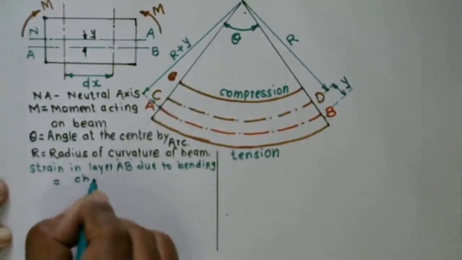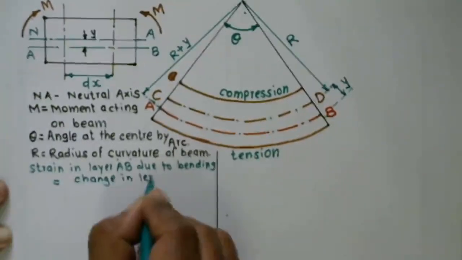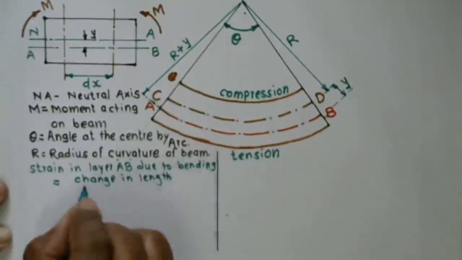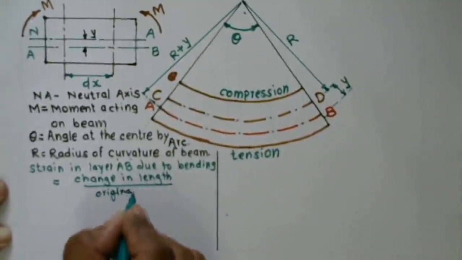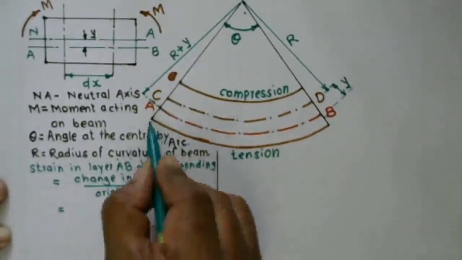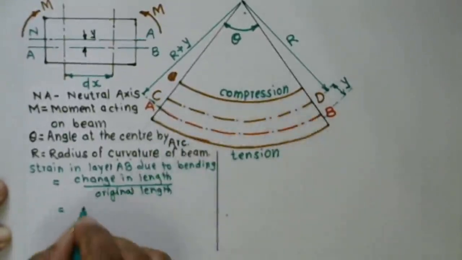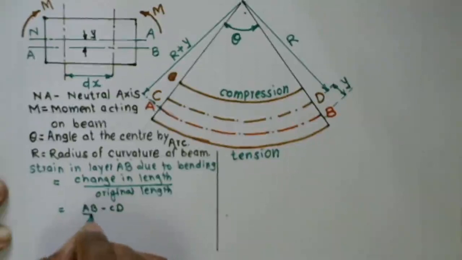So here we may say change in length upon original length. Change in length here we may say is AB minus CD, so AB minus CD upon CD.